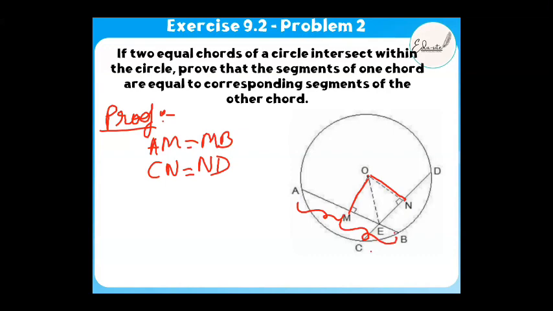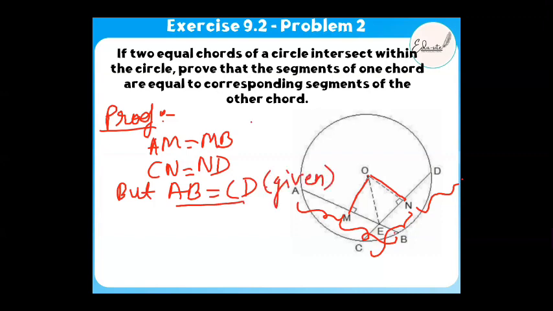And then CN is equal to ND. But do we not have AB is equal to CD? Yes, we also have that, but AB is equal to CD is given. Why is this? This is because of which theorem? Theorem number 3, right? If a perpendicular is drawn, then it bisects the chord, correct?